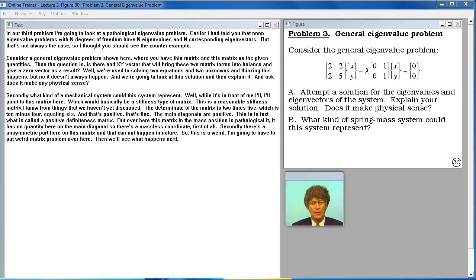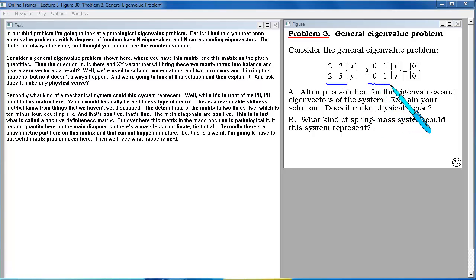In our third problem, I'm going to look at a pathological eigenvalue problem. Earlier I had told you that nice eigenvalue problems with n degrees of freedom have n eigenvalues and n corresponding eigenvectors. But that's not always the case, so I thought you should see the counterexample. Consider a general eigenvalue problem shown here where you have this matrix and this matrix as the given quantities.